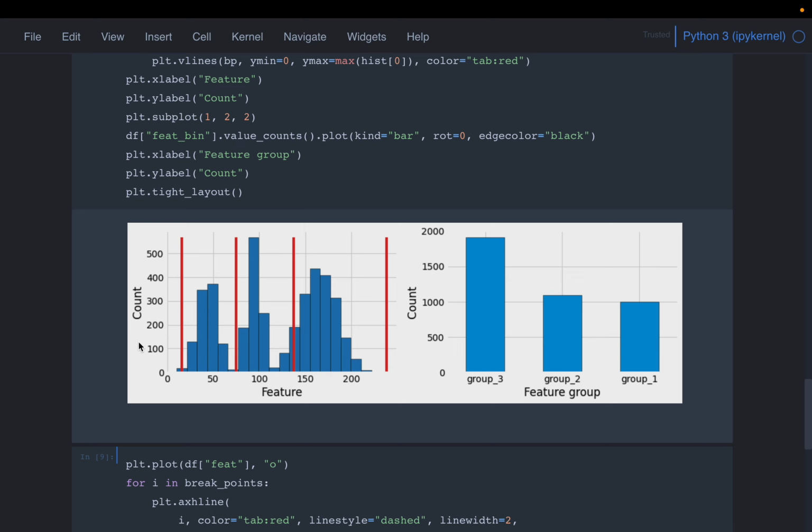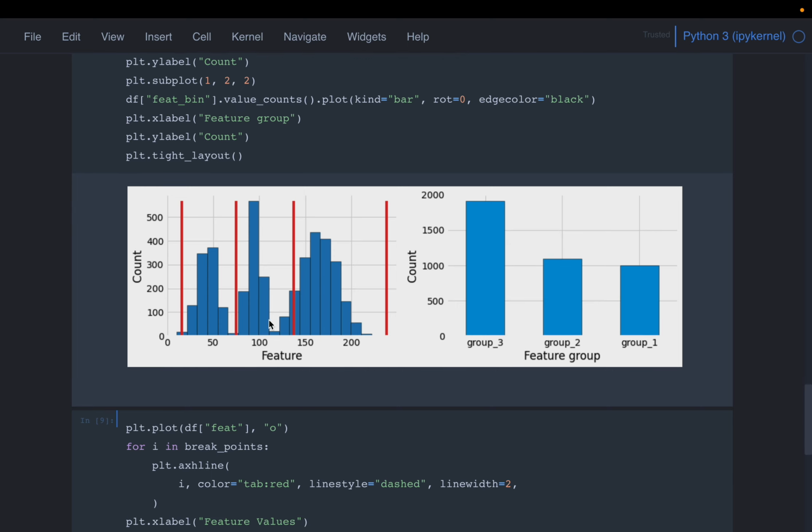This is how the binning looks. Here we have again the histogram of our raw data, and these are the boundaries for each group. The first group lies between these two red vertical lines, and then the second one and the third one. Now if we look at the number of data points in each group, group 3 has close to 2000, maybe 1900 data points.